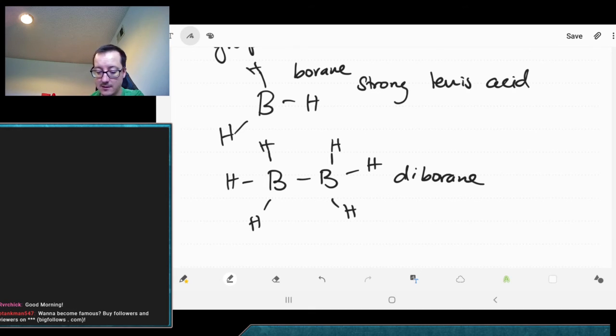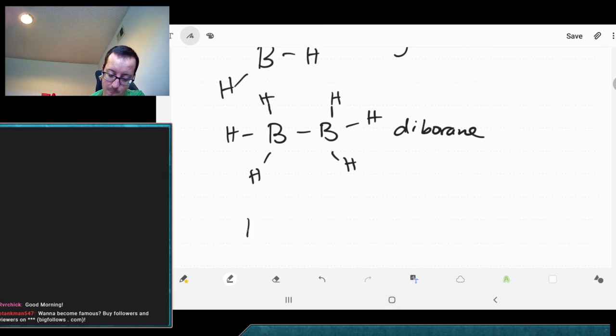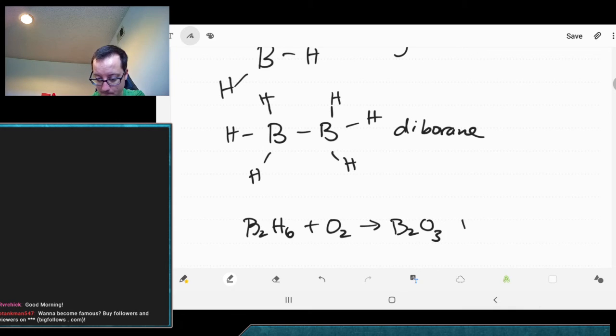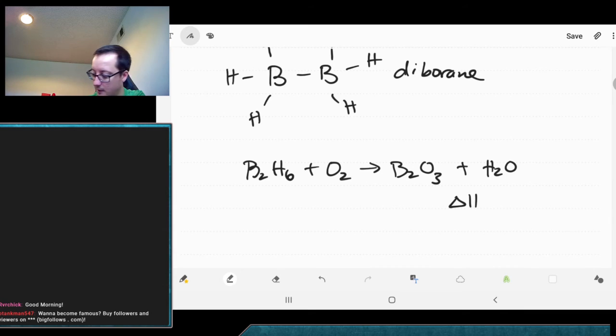If we combust this, we can get a pretty strong reaction out. Apparently the delta H for this is like negative 2000 kilojoules. So we're looking at a very exothermic reaction here.